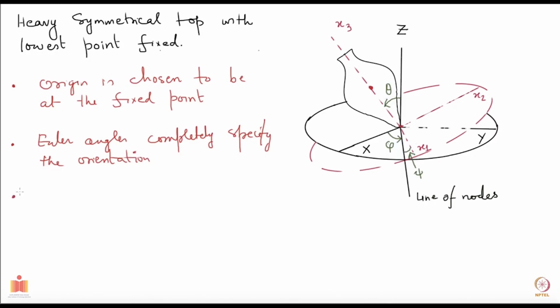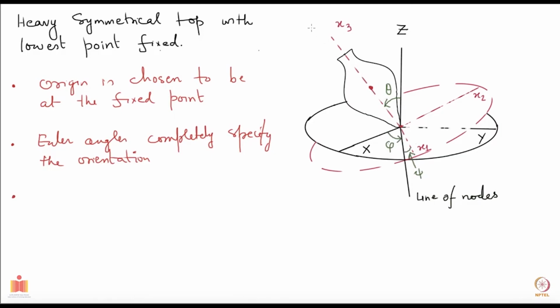Then if you have to choose the principal axes of this body, it's easy to see where they would be because of the symmetry. One of the axes has to be along the axis of symmetry. So one of the principal axes will lie along this. Okay, it is going through the center of mass along this direction, and that is what we choose to be x3.